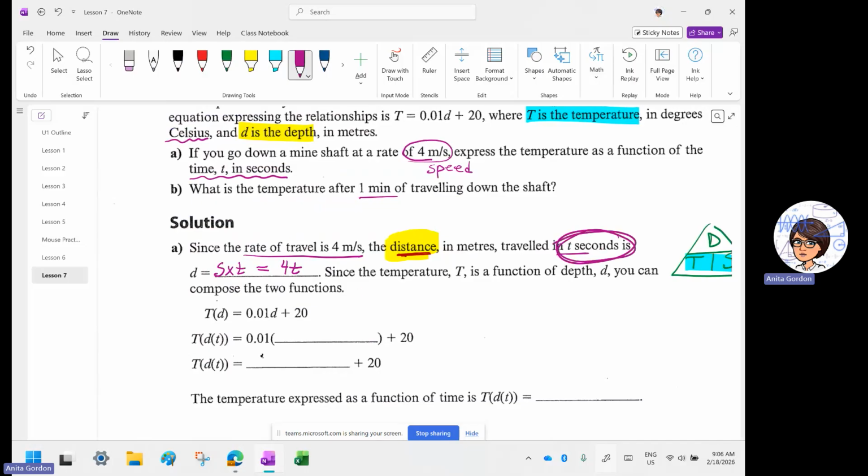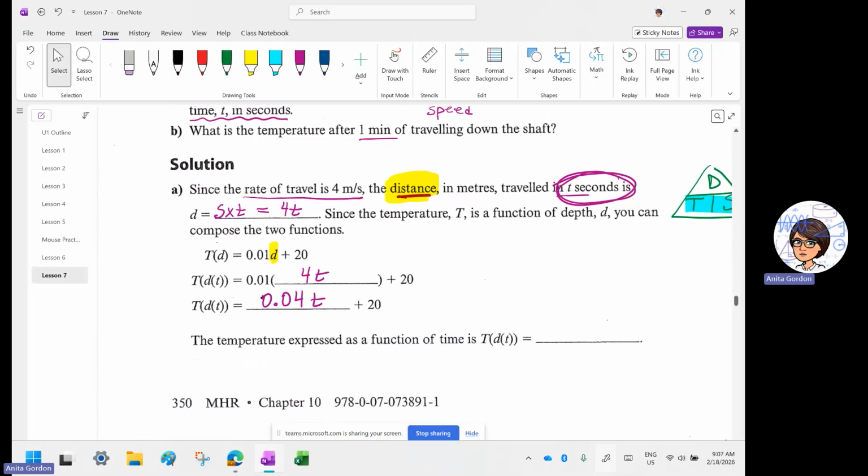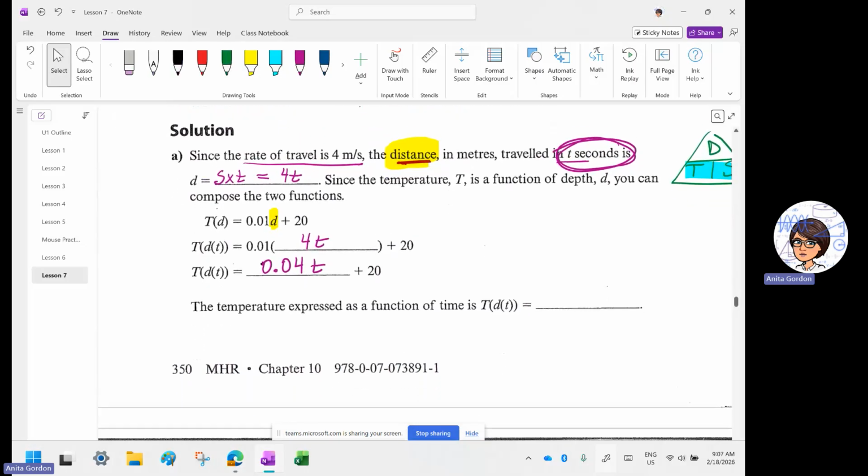Really important there. t is in seconds. So this is a composition. The temperature depends on distance, but distance depends on time. So I'm going to substitute my distance equation for D, which makes this 0.04t plus 20 as my composition equation.